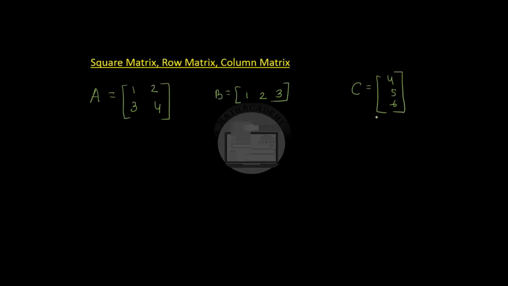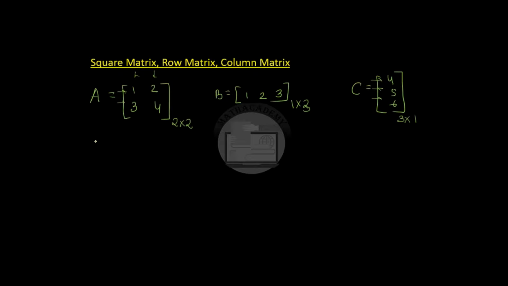All are rectangular arrays. And let us write the order of the matrix here. So this is a 2 by 2 matrix. This is 1 by 3, 1 row and 3 columns. Here there were 2 rows and 2 columns. And here there are 3 rows and 1 column. So the order is 3 by 1.